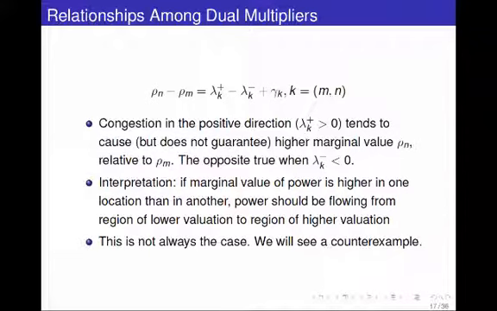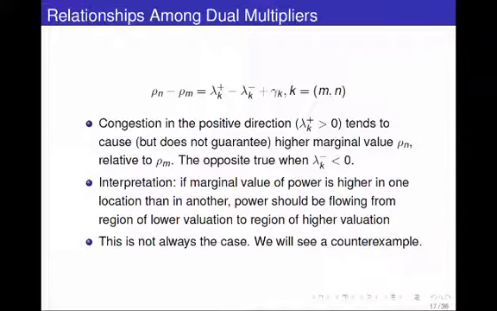And lambda plus is the marginal benefit of increasing the capacity over a line. What this relationship is indicating is that if a certain line has a lambda which is positive, sorry, this line will be directed from m to n.